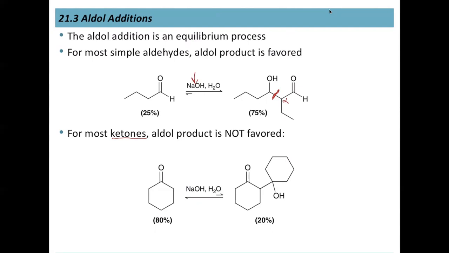But again, if you saw this on the test, you'd want to list this as the product because that is the major product of the reaction. And again, we can identify the alpha carbon. You find the carbonyl, look at the position next to it, that's the alpha carbon. And the bond that you made is between that alpha carbon and where the oxygen is attached. And these are called aldol additions.